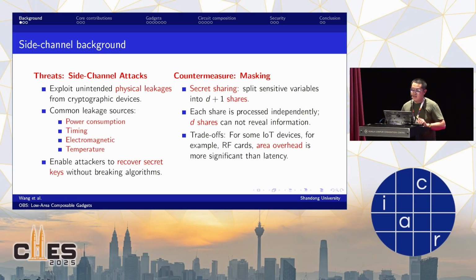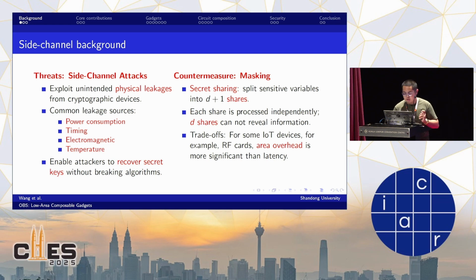Side-channel attacks exploit unintended physical leakage, such as variations in power, timing, EM, and temperature, to recover secrets without breaking the underlying ciphers. Masking is a well-established countermeasure.